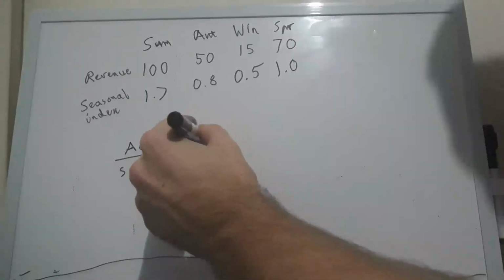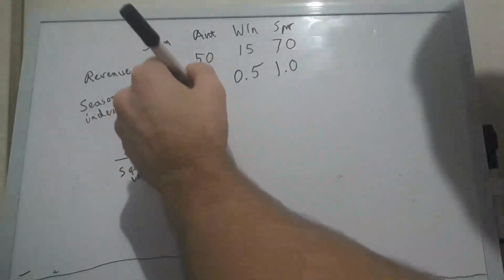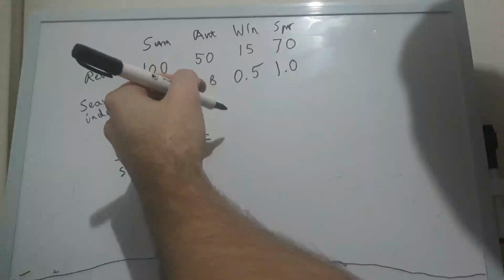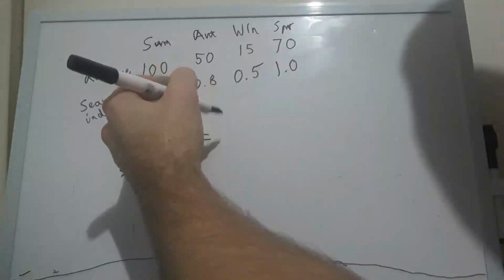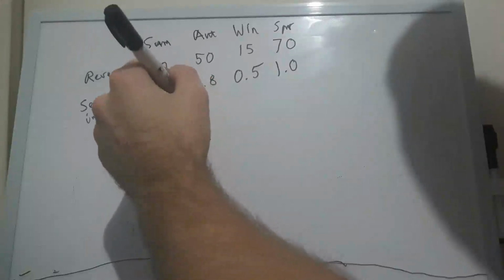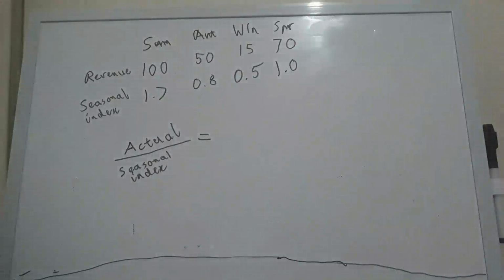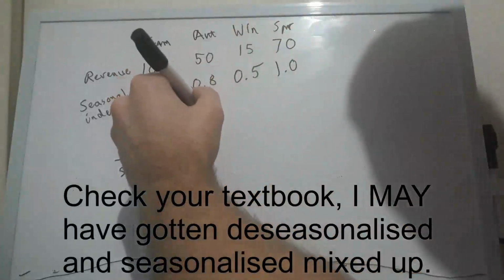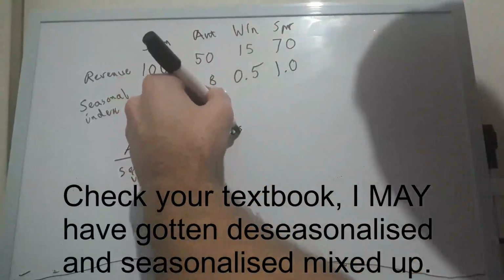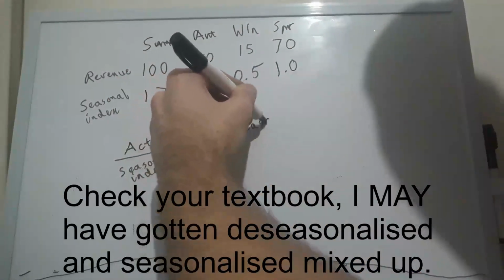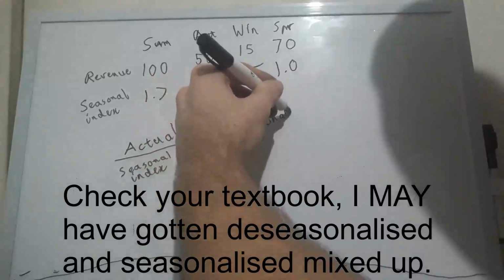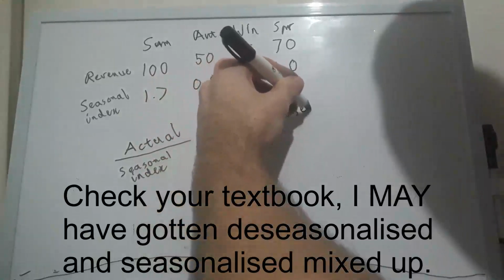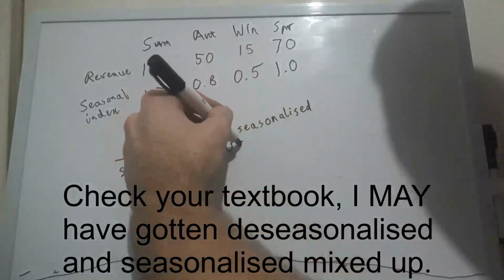And that will give you a deseasonalized value.